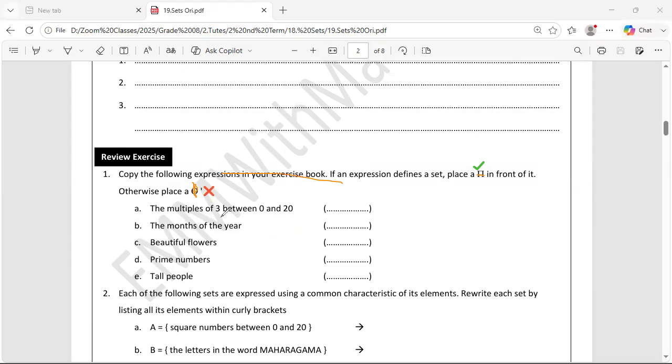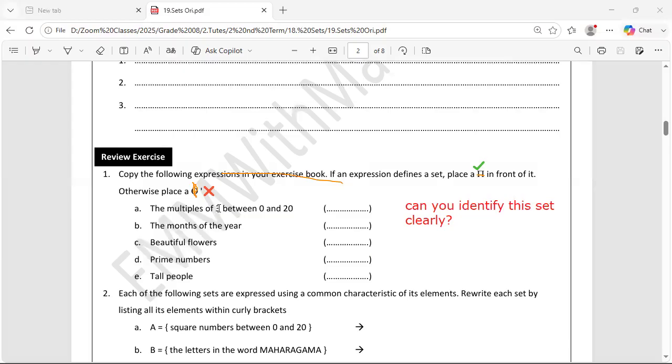So, multiples of 3 between 0 and 20. Now, what I am asking is, can you identify this set clearly? Yes or no?